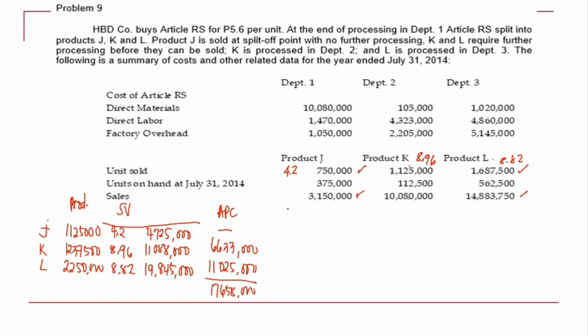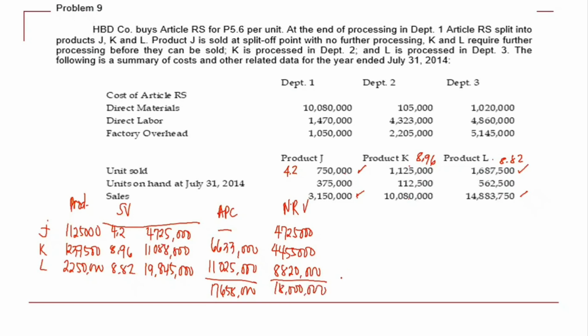Tinotal lang. So ang NRV natin would be in difference ng dalawa. So 4,725 si J, and then 4,455 kay K, and then 8,820,000 kay L. Minus lang natin. So total NRV, ito na po yung basehan natin, 18 million.